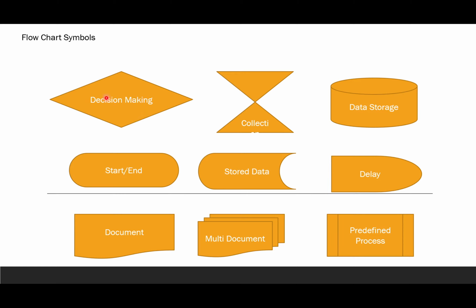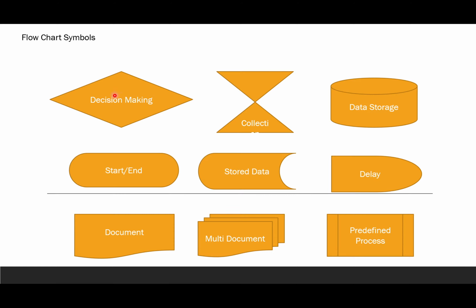If you see the first icon, which says decision making, let's say you are starting a process. Maybe I want to go downstairs to have a cup of tea. So the flowchart will start with this icon. In your diagram, this will be your first icon, which says that from here your process is starting.